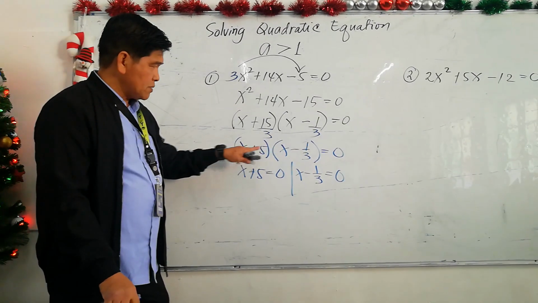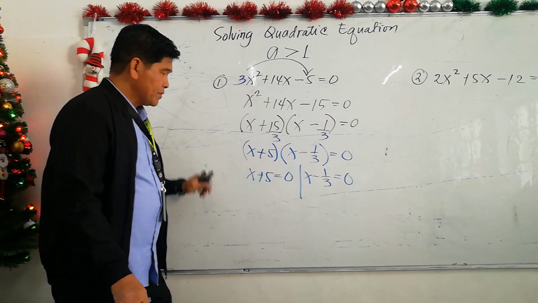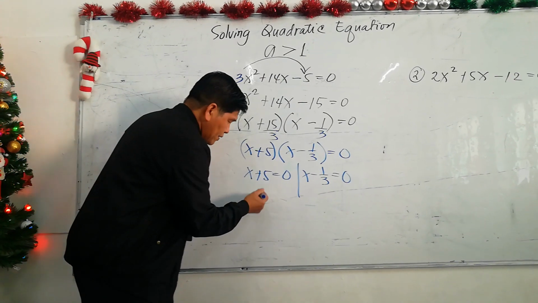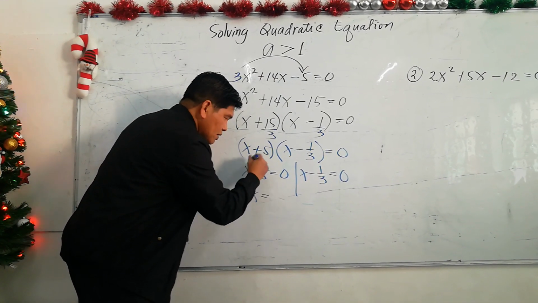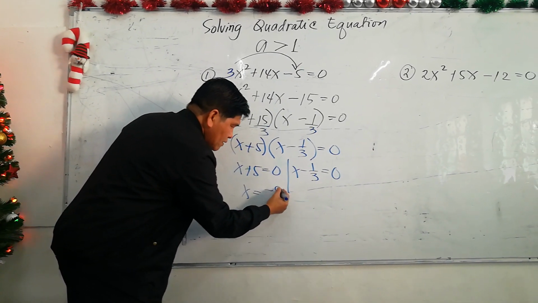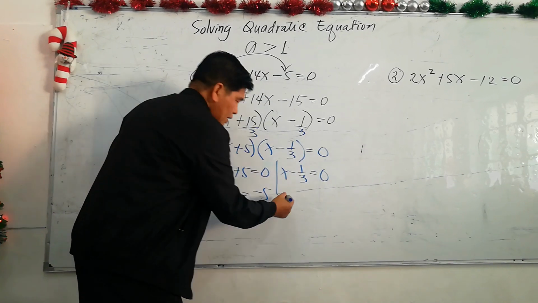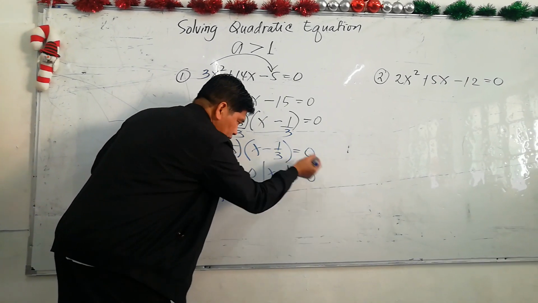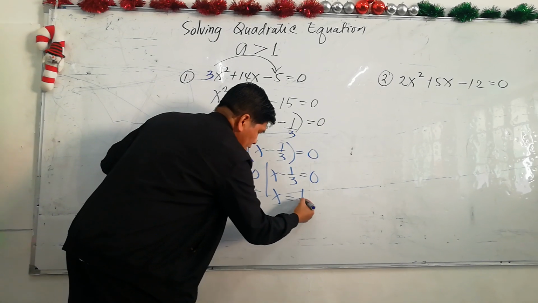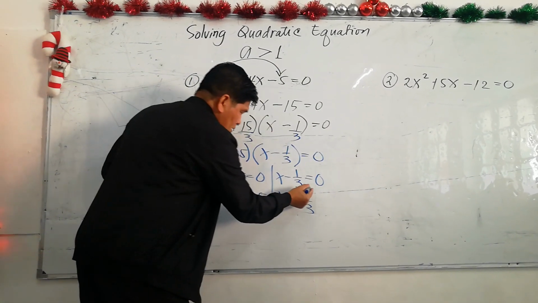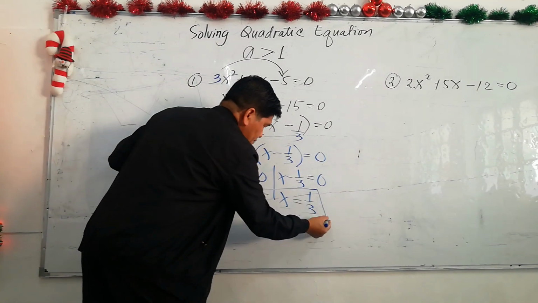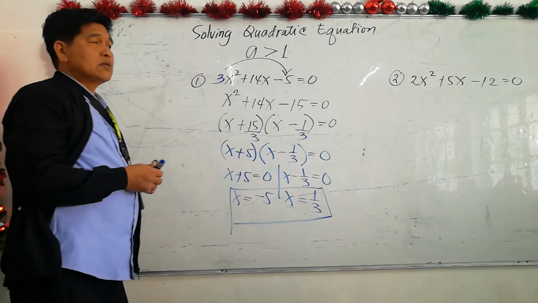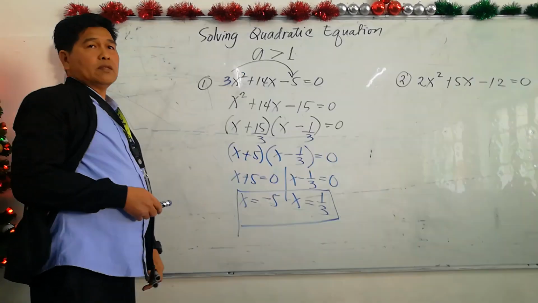So we can equate each factor to 0. What is x now? x is equal to negative 5. The other side, x is equal to 1/3. So this is now the value of your x using this method.